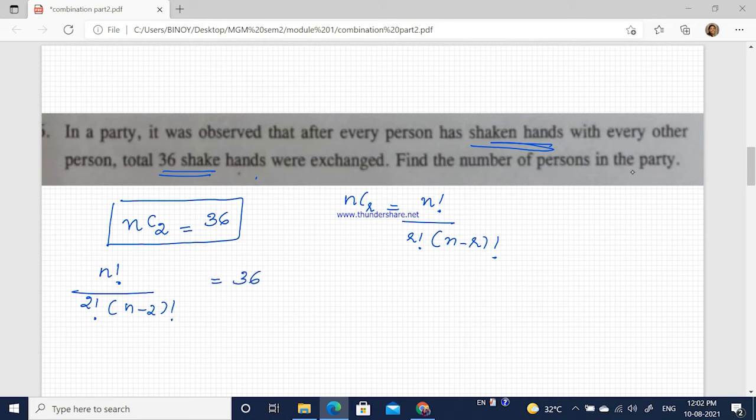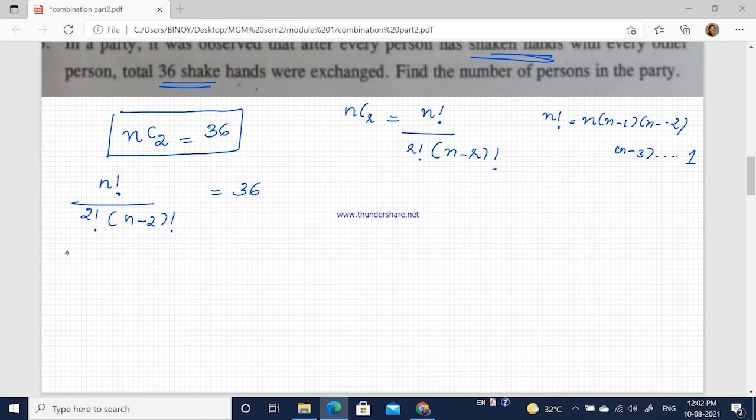And as we all know, what is n factorial? n factorial is n into n minus 1 into n minus 2 into n minus 3, likewise going up to 1. So we are going to expand the whole thing, which implies n factorial can be rewritten as n into n minus 1, n minus 2, n minus 3, likewise up to 1.